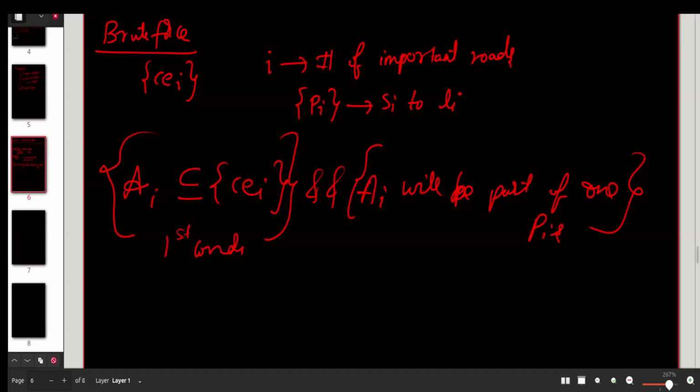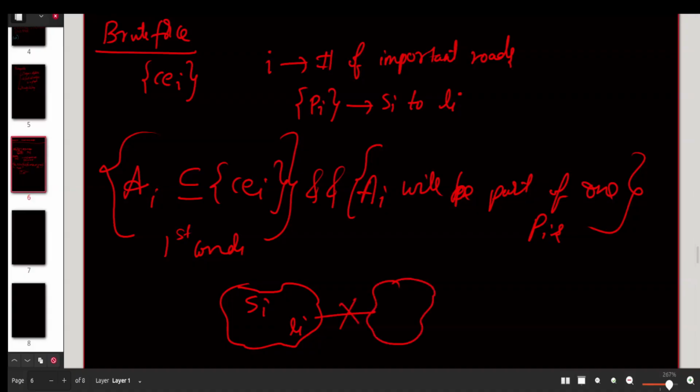Disconnecting the graph is not exactly sufficient, because your SI and LI could be in the same component after the edge is cut. Let's say this is component 2, this is component 1. After this edge is cut, SI and LI are still in the same component, so you're not breaking anything between SI and LI. So this condition alone is not sufficient to say whether A_i is actually an important road for merchant i.